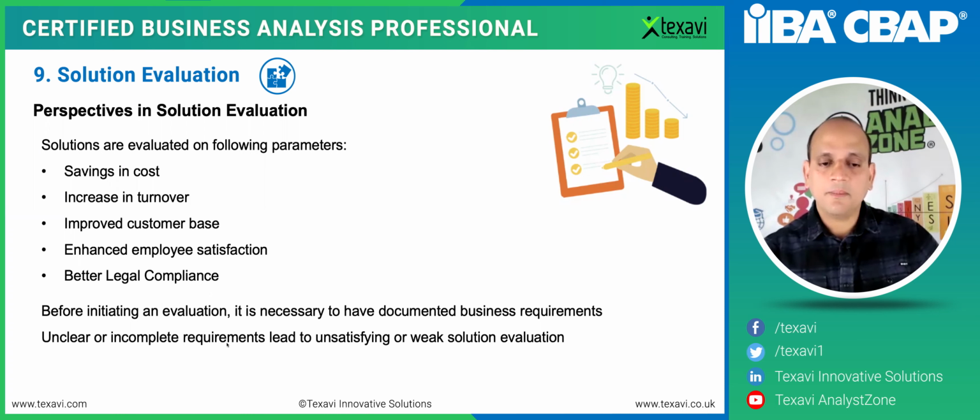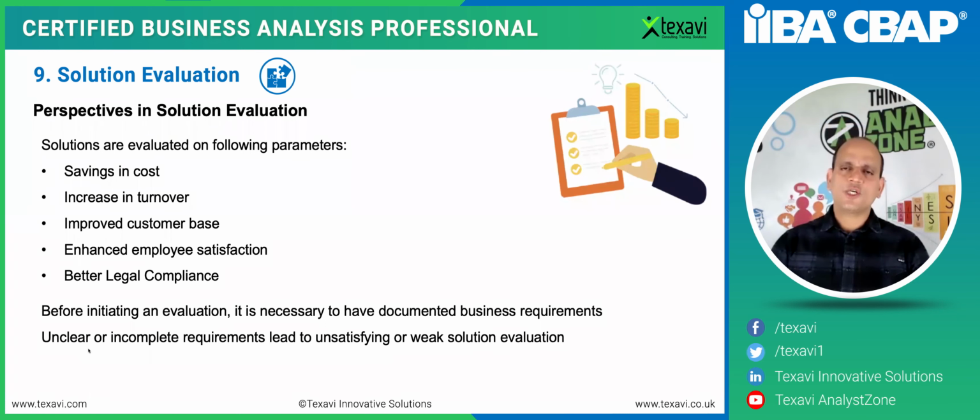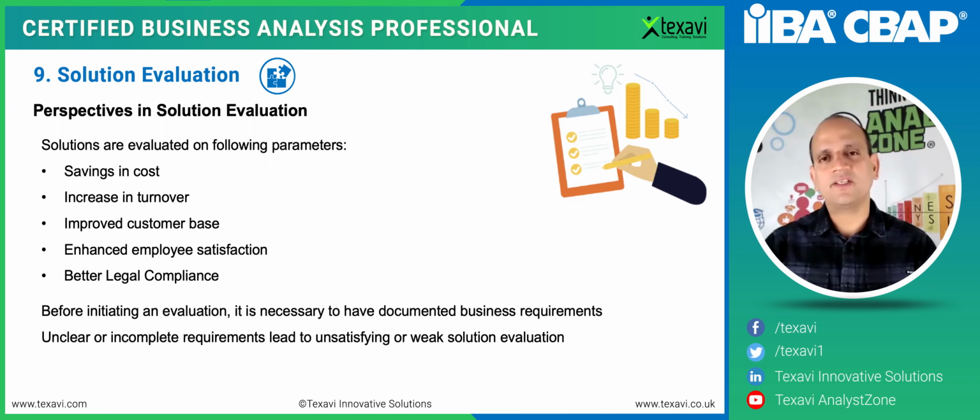Unclear or incomplete requirements lead to unsatisfying outcomes. This is very important, because as I mentioned about the Standish Group report, about 75% of projects fail because of requirements not being clear, not communicated well, not specified well, not managed properly, not handled properly in terms of changes, and not scoped well.